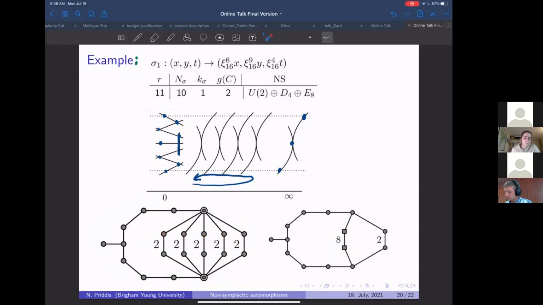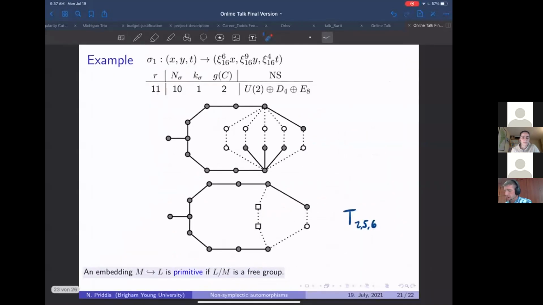And so this is somehow representing something to do with the invariant lattice. Now, if you remember, we want a primitive embedding. It turns out the invariant lattice is a primitive sublattice of the Néron-Severi group. So what we need to do is find an embedding of this lattice into there.